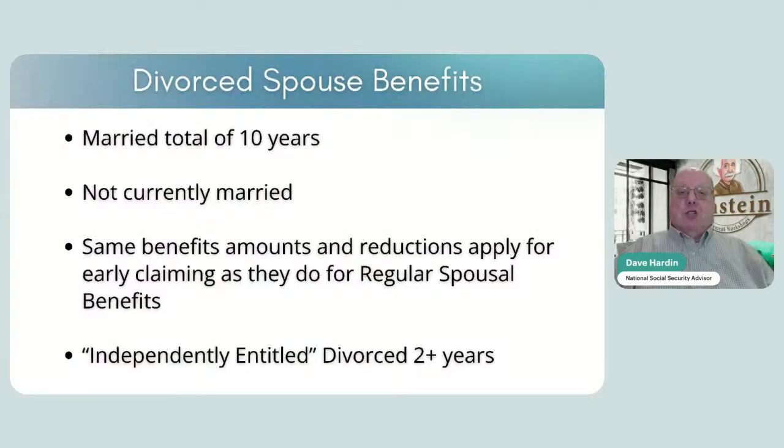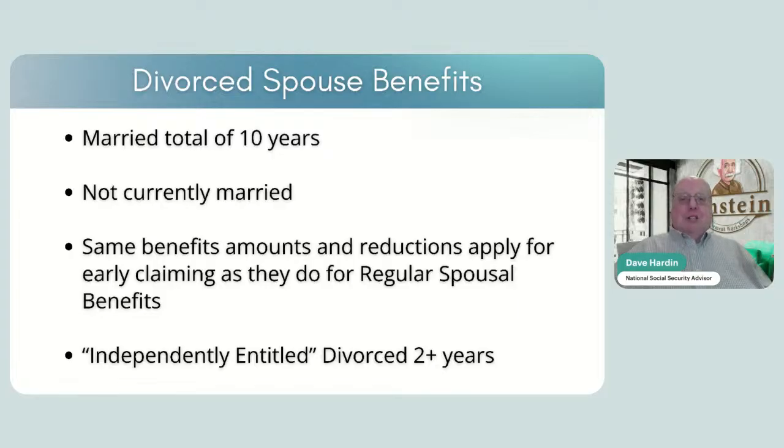All right, divorced individuals. Divorce benefits. To qualify for divorced spouse benefits, you must have been married for 10 years in a row to the same person. No stopsies and starties. 5 years plus 2 years off plus 5 more years is not a 10-year marriage. It must be 10 years in a row, and no switching dance partners in the middle.